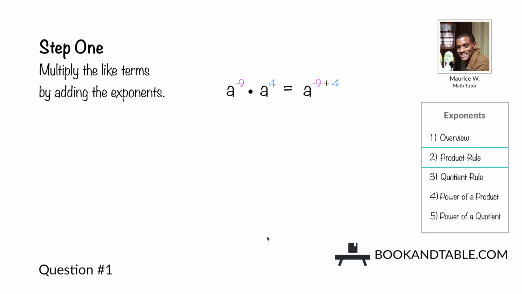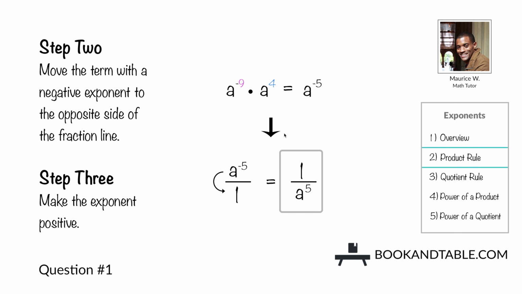Question number 1, step 1, multiply the like terms, a, by adding the exponents, negative 9 and positive 4. Negative 9 plus 4 is equal to negative 5. And since we have a negative exponent, we want to move this term from the numerator to the denominator.